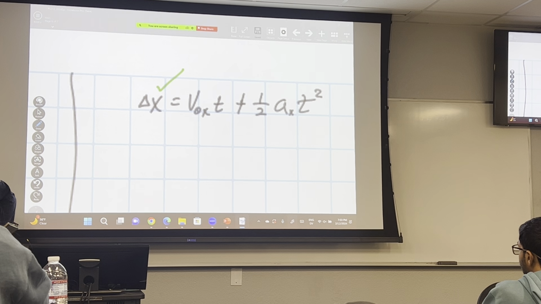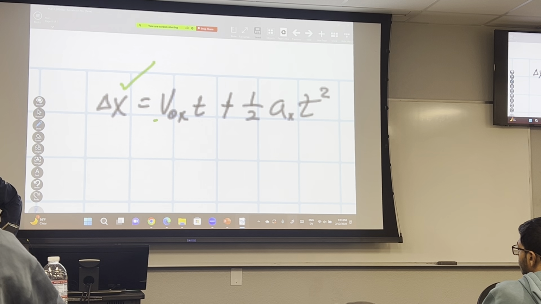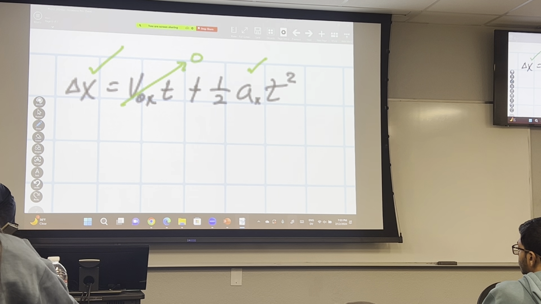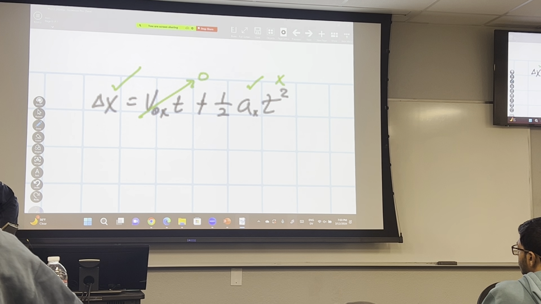Do we know v naught x, the initial speed? Well, yeah, we can assume that it's just coming off the plate, so that's going to be 0. We just computed the acceleration. The only thing we don't know is the t squared.